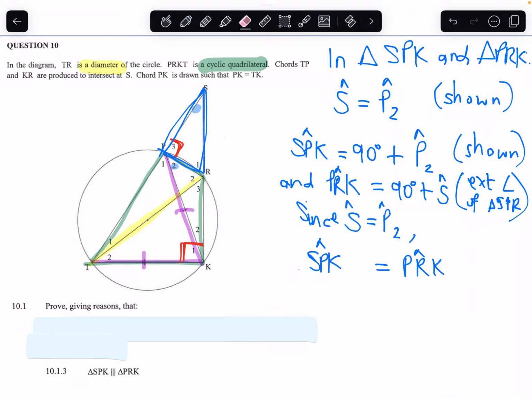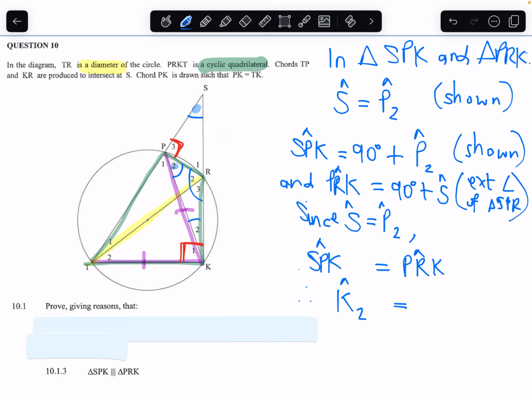So in triangle SPK, we've spoken about those two angles, so the remaining one is K2. So angle K2 is equal to the remaining angle in triangle PRK. In PRK, we've spoken about P2, we've given a value for R, so the remaining one is K2.